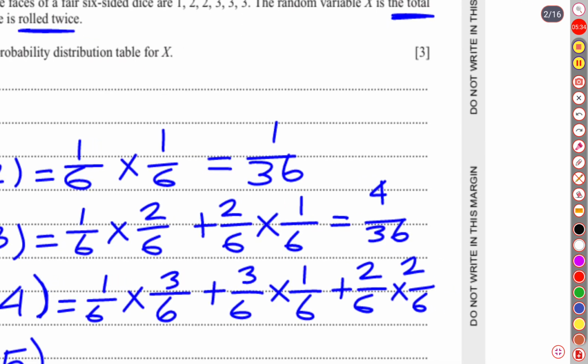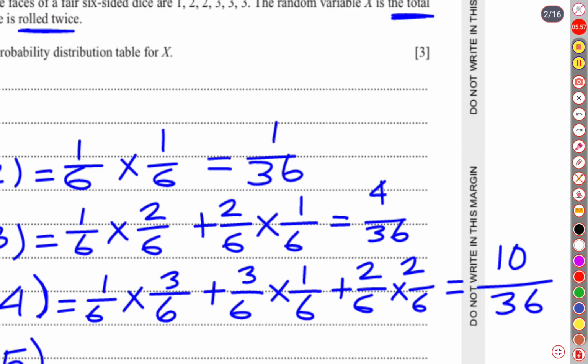The total is 36, because if the dice is rolled twice, 6 times 6 is 36, so there are 36 outcomes. Now let us do the addition. 3 plus 3 is 6, 6 plus 4 is 10. It is going to be 10 over 36.